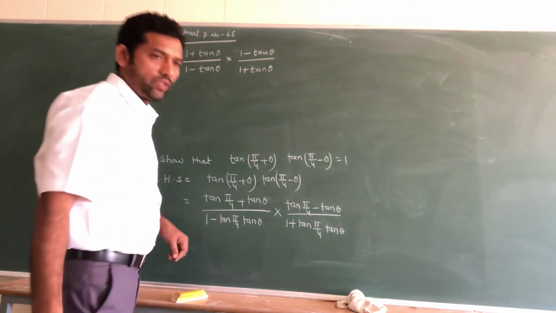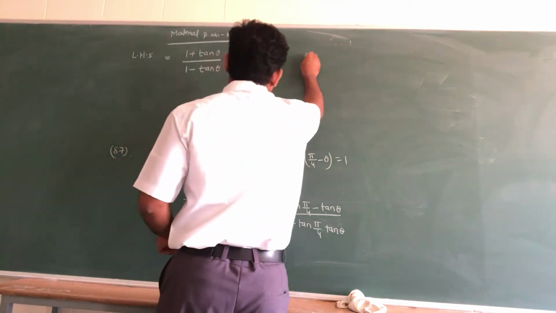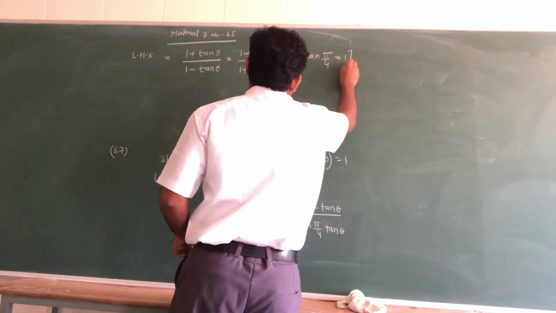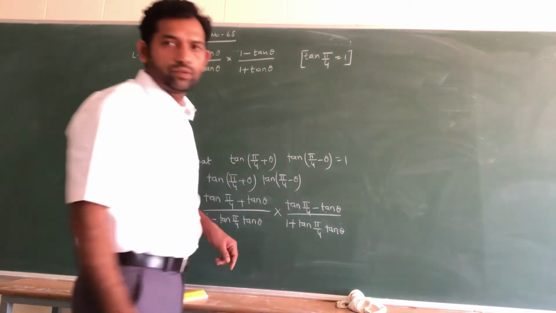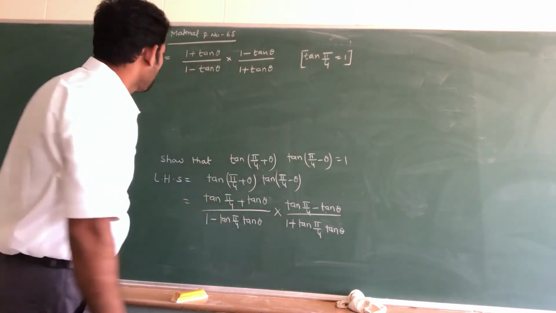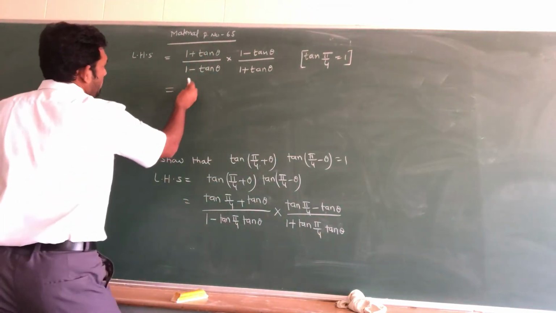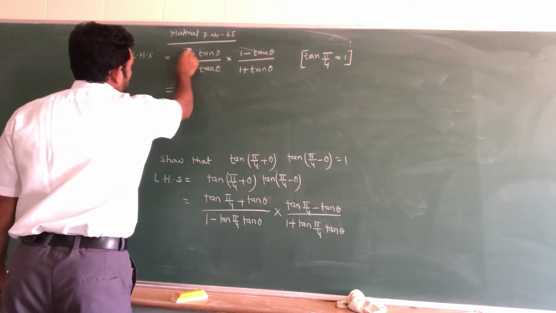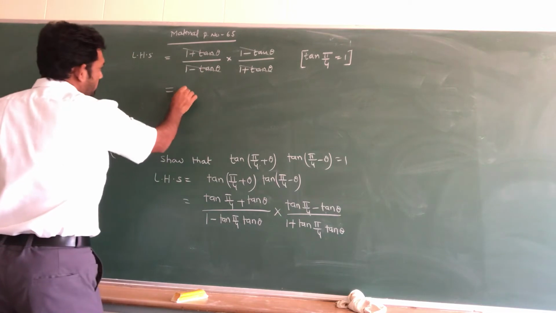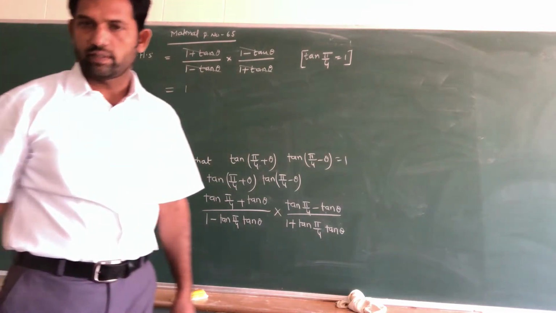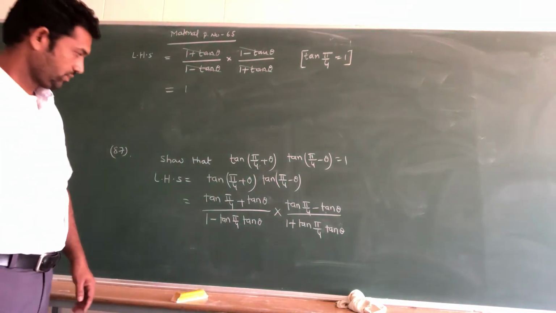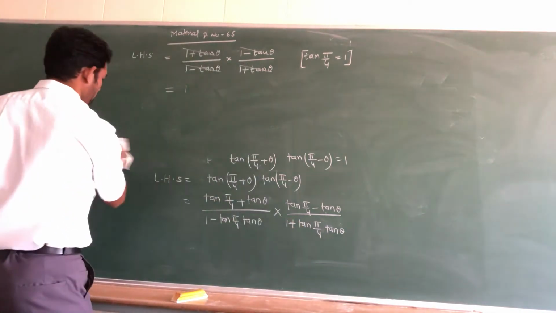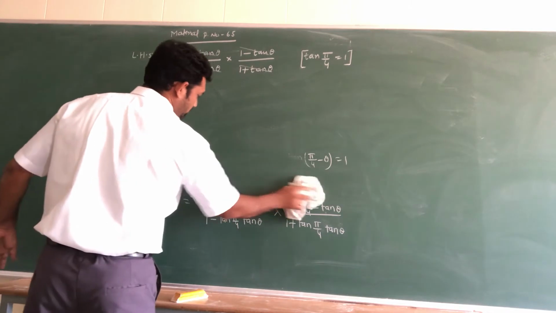We substituted tan pi by 4 equal to 1 and got this value. Then simplify: 1 minus tan theta cancels 1 minus tan theta, 1 plus tan theta cancels 1 plus tan theta. Then the solution is 1. Note down fast, students.